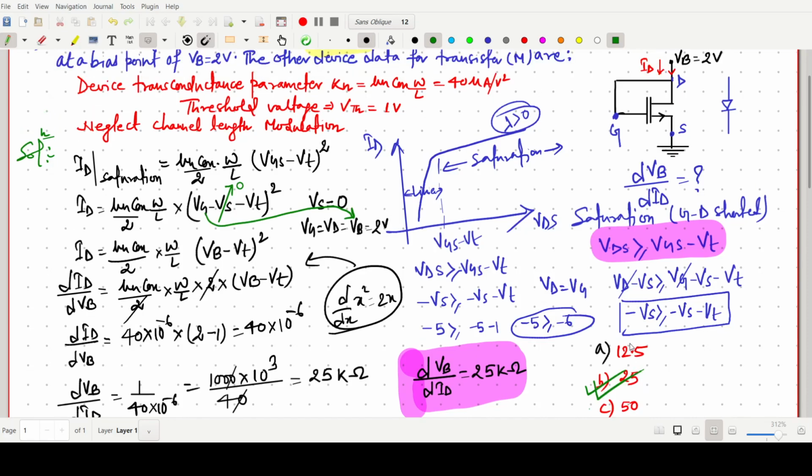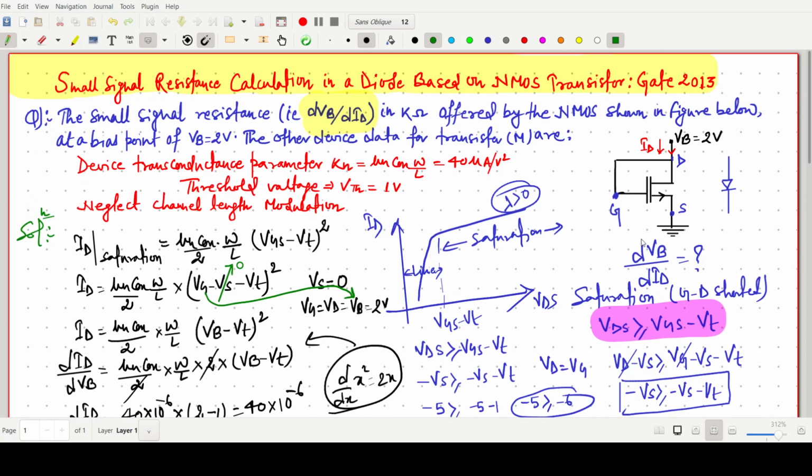So this was a very simple question, but we have to know the concept, in which first we have to think this, what is del Vb by del Id, the small signal resistance. Okay, so this transistor is operating in the saturation region and it acts as a diode. So for saturation region, how is it saturation? We have already derived, means the VDS is greater than VGS minus VT.